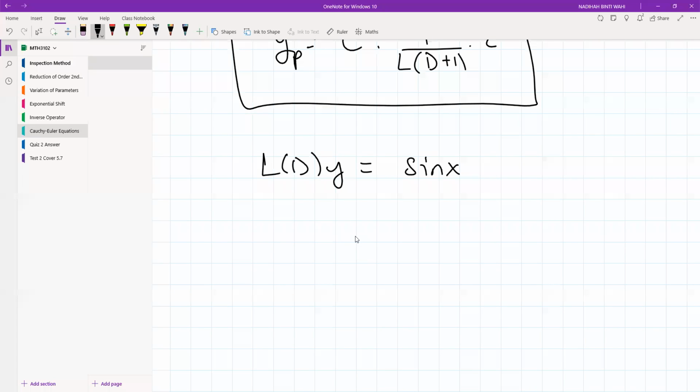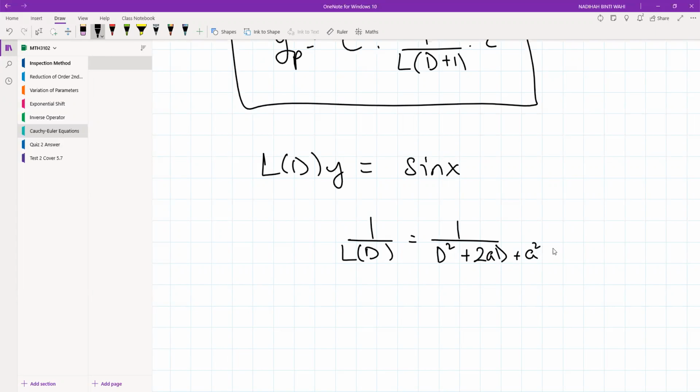Katakan ni, 1 over L of D ni sama dengan 1 over D squared tambah AB tambah 2 AD, tambah 2 AD, tambah A kuasa 2.